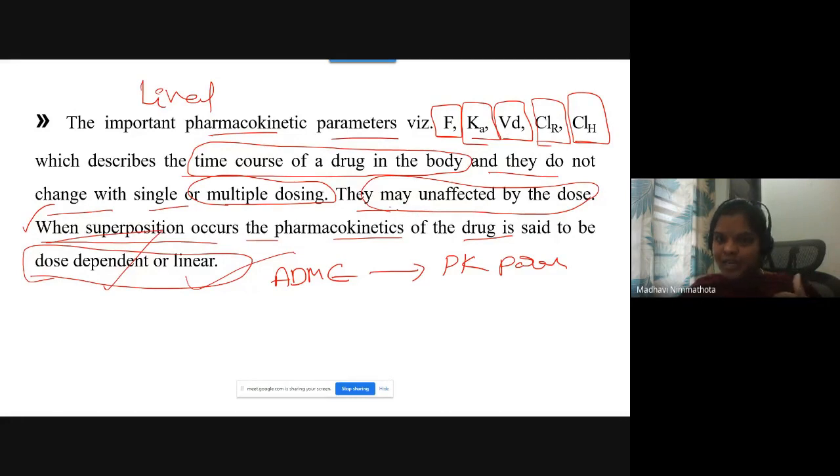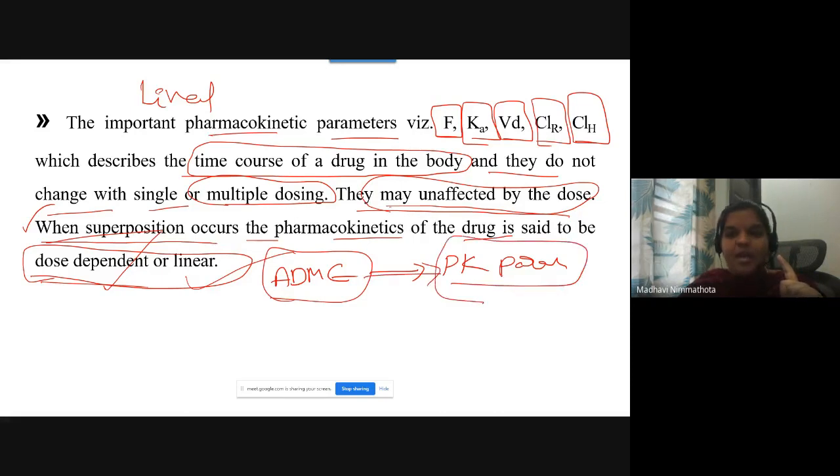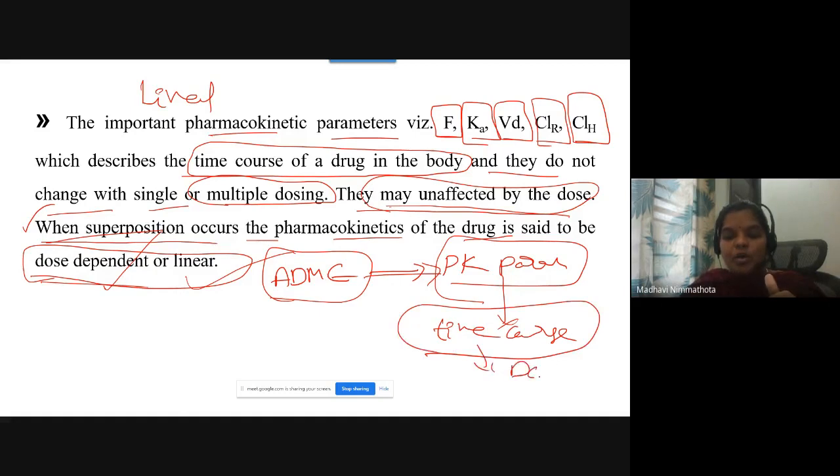Don't get confused. Here I wrote that they are unaffected by the dose, and here that these are dose dependent. This general mechanism of ADME, when superimposed onto the PK parameters, means these parameters will travel in your body depending upon the time course of the drug, but not upon the dose.